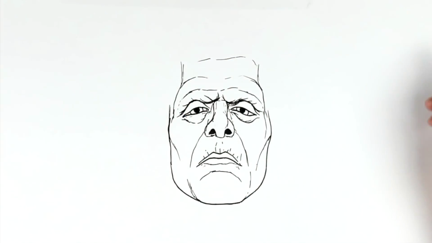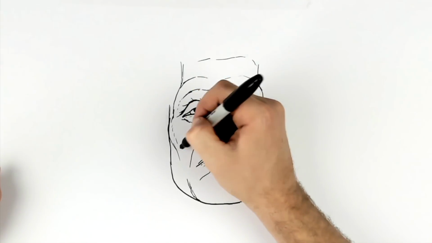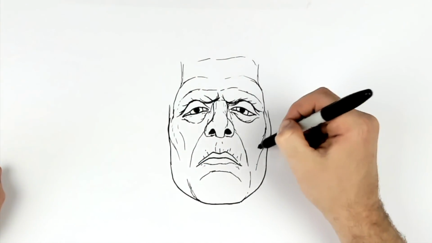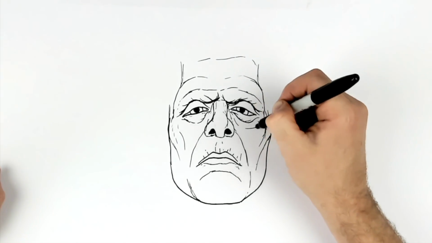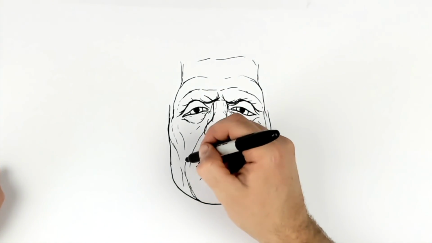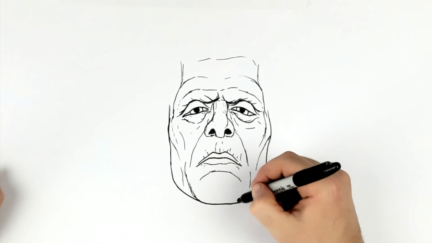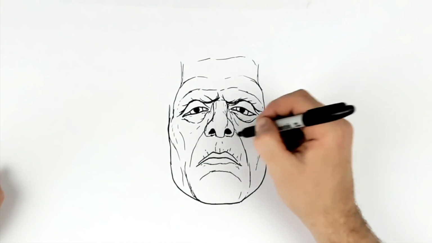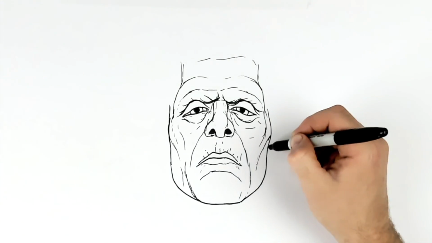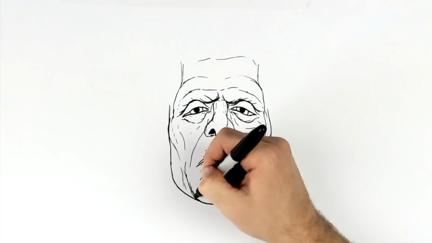This goes down that way. And again, as many wrinkles and stuff as you want. How gnarly you want to make them is up to you. But I think I'll leave it like that. It's probably enough.